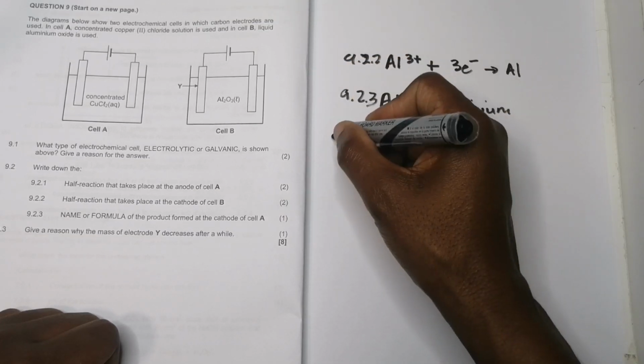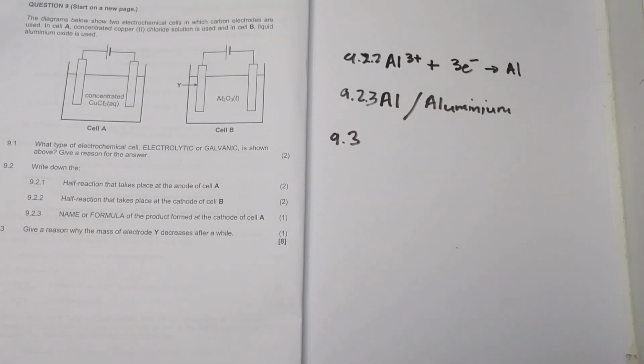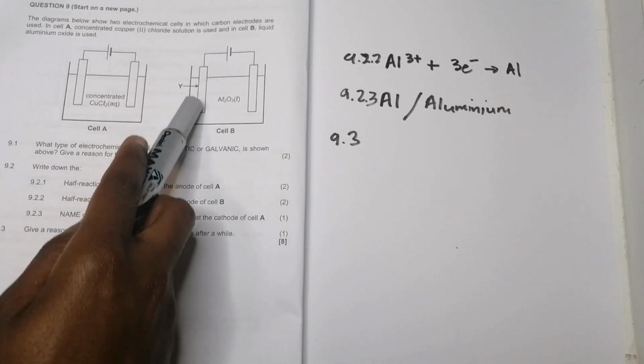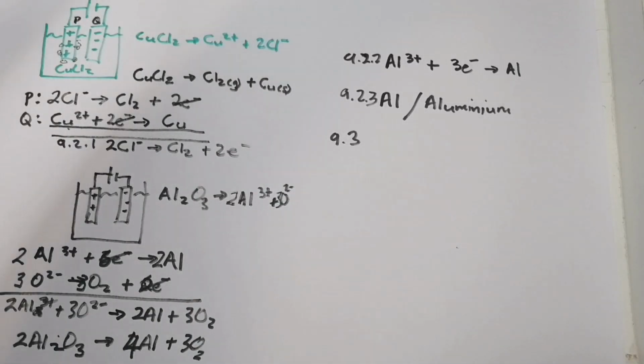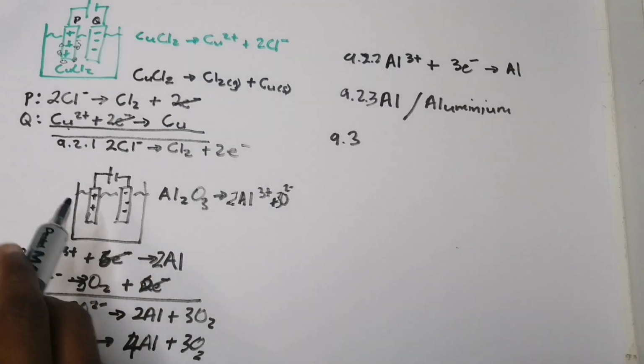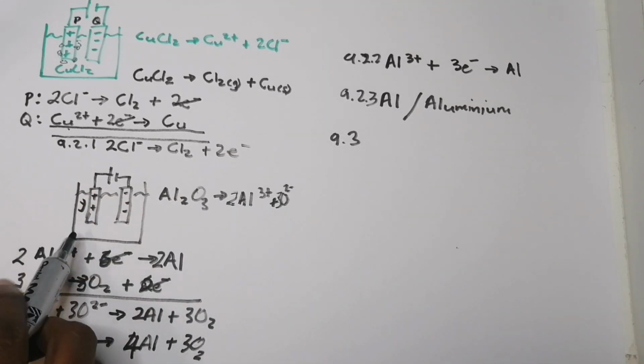All right, now let's get to the conclusion. They say give a reason why the mass of electrode Y would decrease after a while. Now, electrode Y, remember that in the electrolytic cell, this electrode would be electrode Y. What was happening at electrode Y?